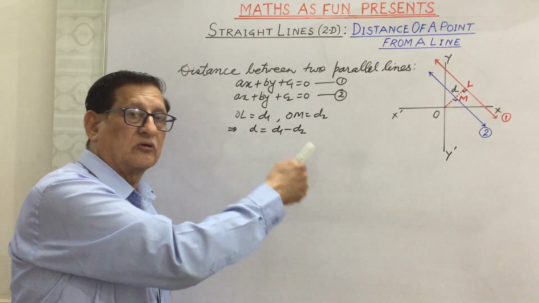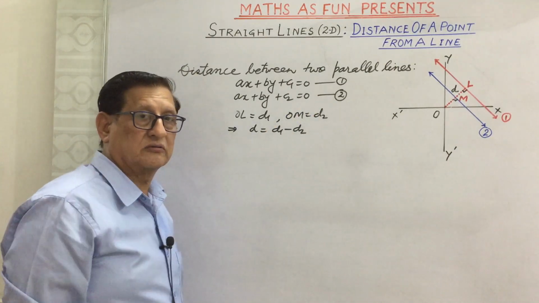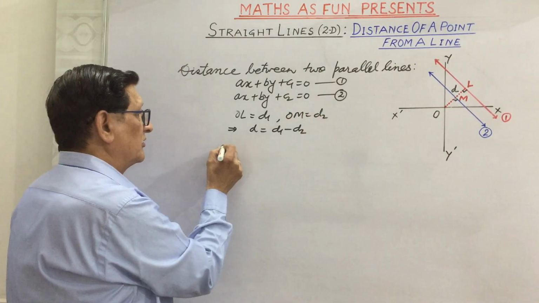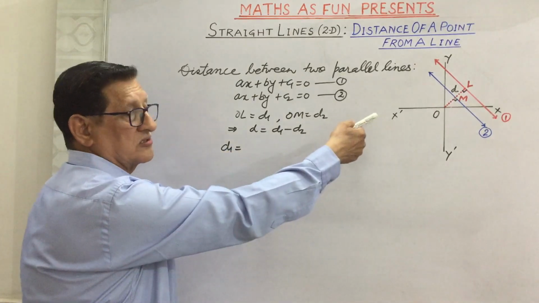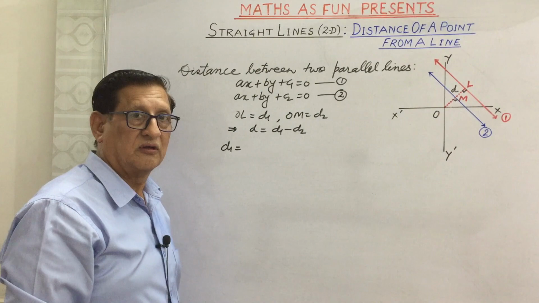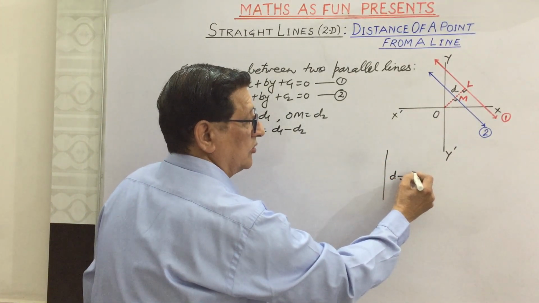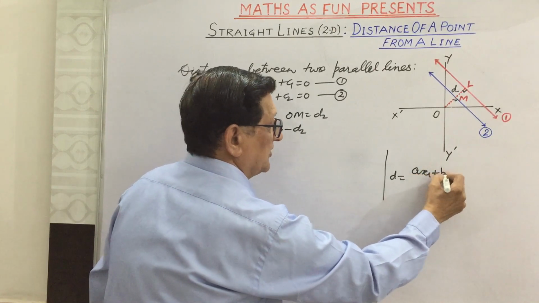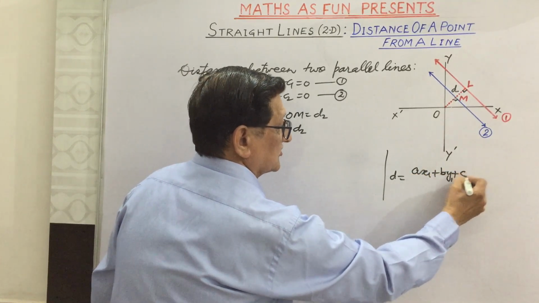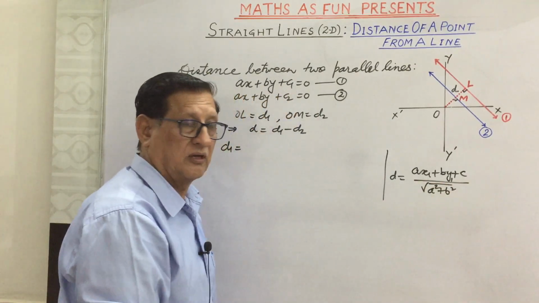We know how to find the distance of a point from the line. So we can say here D1, in this case the distance for line 1 from the origin, according to the formula which we have learned just now, d is equal to Ax1 plus By1 plus C upon root of A square plus B square.